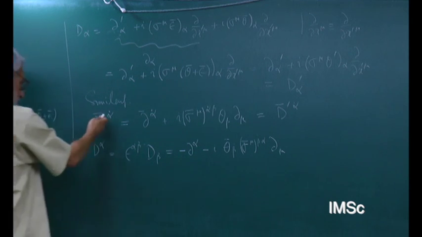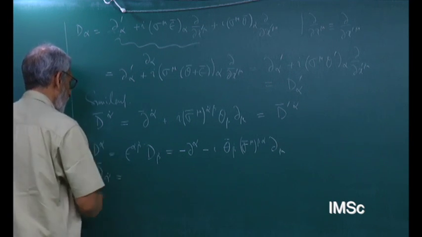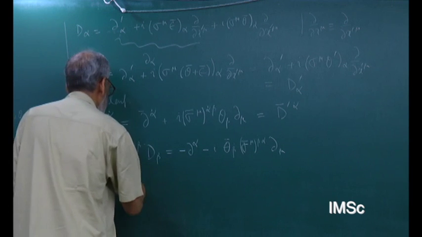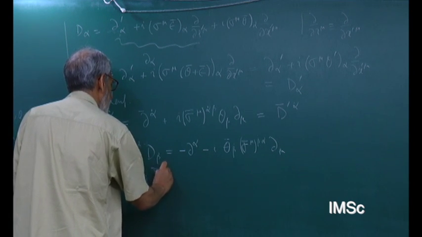And similarly, construct d bar, the covariant derivative with alpha dot down, by epsilon alpha beta down d bar dot beta this.